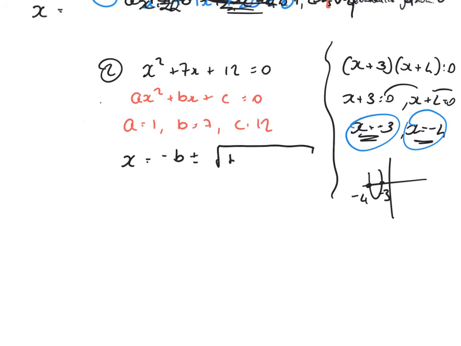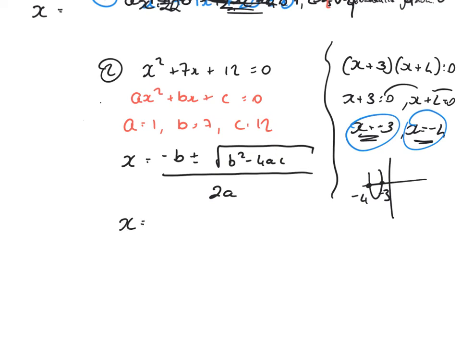And it's minus b plus or minus the square root of b squared minus 4ac, all divided by 2a. Okay, so let's remember that where I see a, I'm going to replace it with 1. Where I see b, I'm going to replace it with 7. Where I see c, I'm going to replace it with 12.